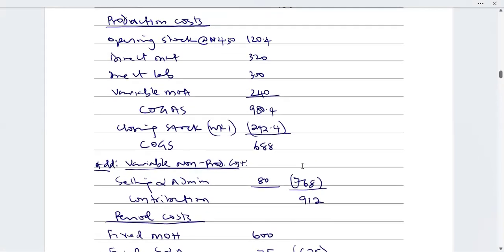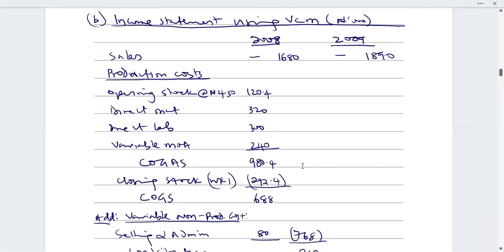So quickly, let's go to 2009. In 2009, the closing stock in 2008 of 292.4 will become opening stock in 2009. So here is 292.4. Then direct material cost in 2009.